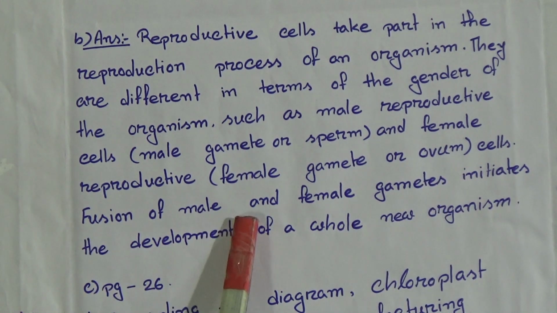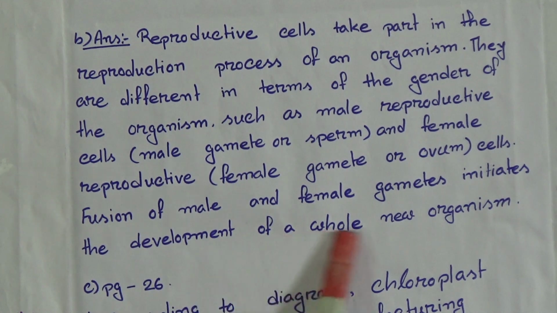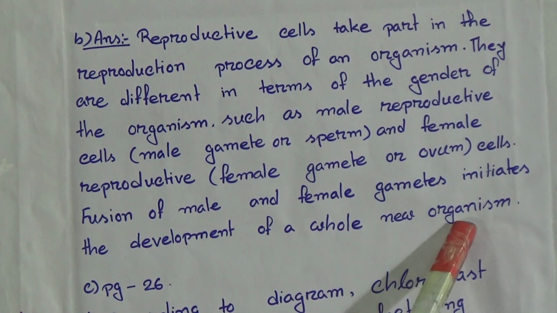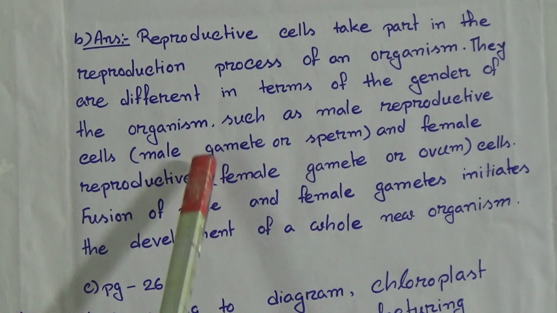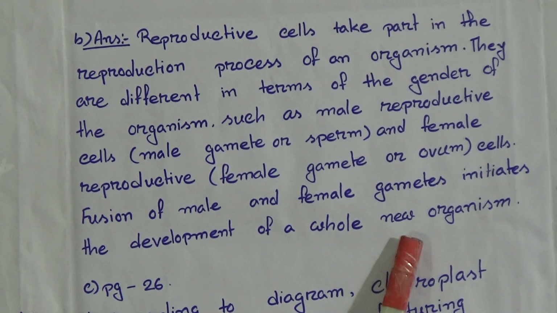Fusion of male and female gametes initiates the development of a whole new organism. So when male reproductive cell and female reproductive cell fuse, they will make a new organism.